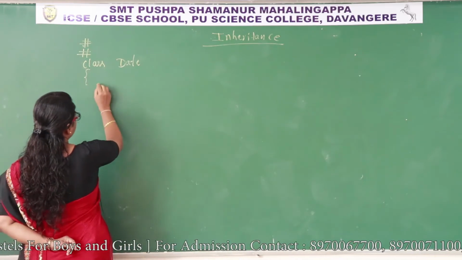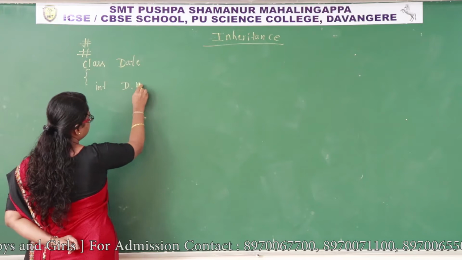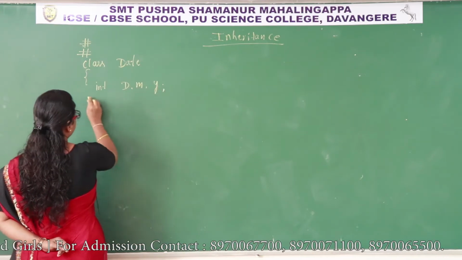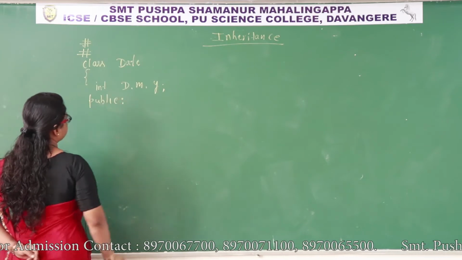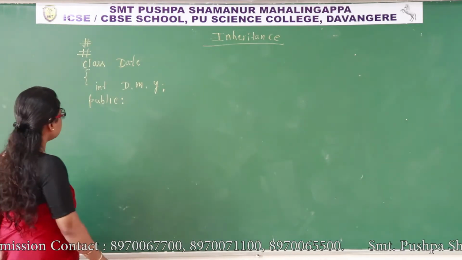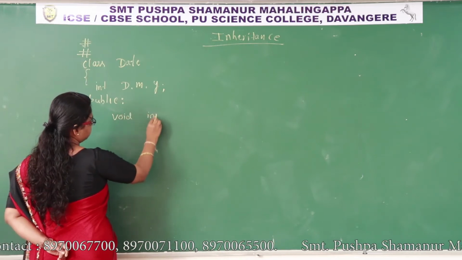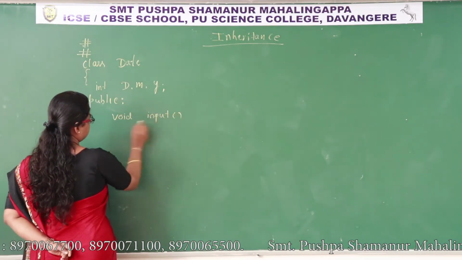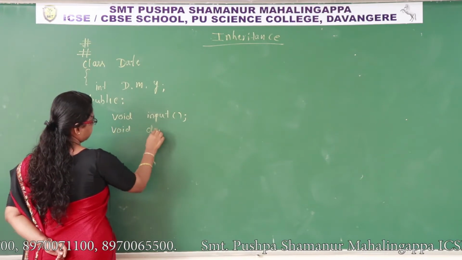What are the data members? Int day, month and year in the public section. Void assume, void input, void display.